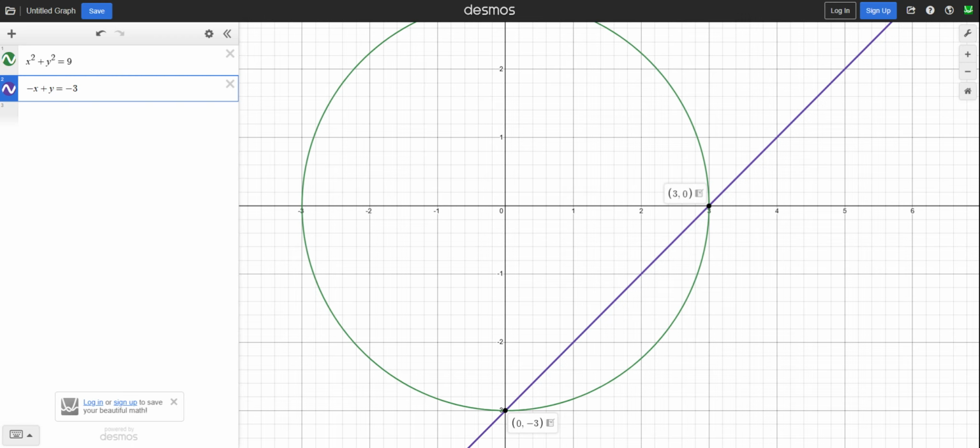Literally, it's negative 3, 0, negative 3, and 3, 0. So literally, you would put 0, comma, negative 3, comma, 3, comma, 0. And it would be this point and that point.